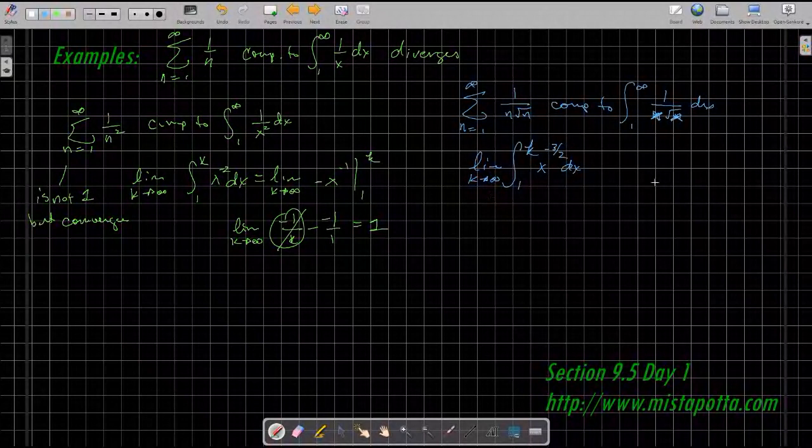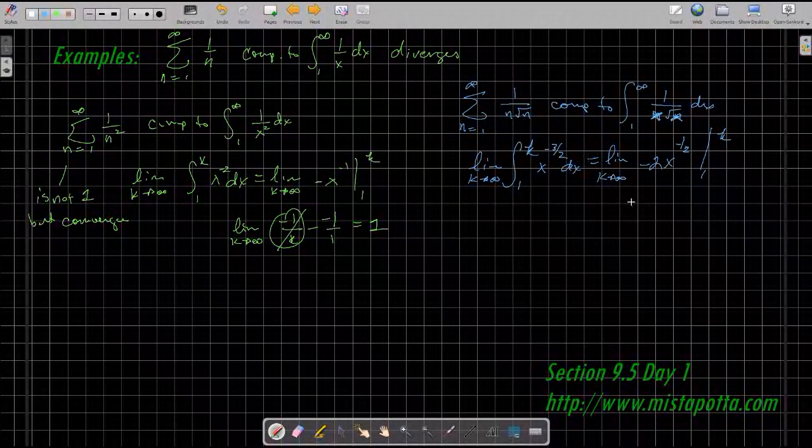But the integral of this is going to be x to the negative 1 half divided by 1 half, which means I'm really multiplying by negative 2. And I'm evaluating this from x equals 1 to x equals k as k increases without bound.